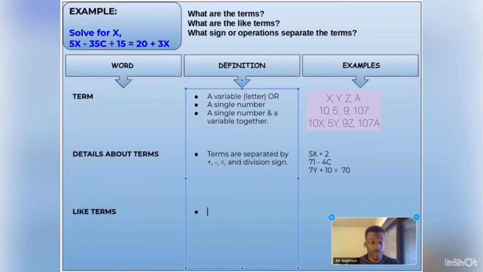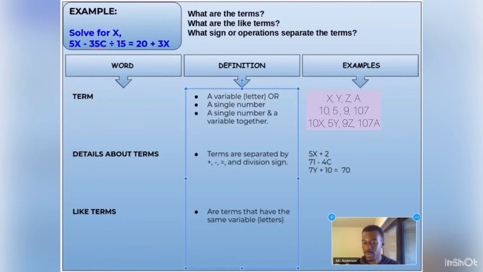So like terms are terms that have the same letter, or I'm gonna say variable. That's the correct way to say it. The same variable, and we'll put letter in parentheses. That's our little easy word.